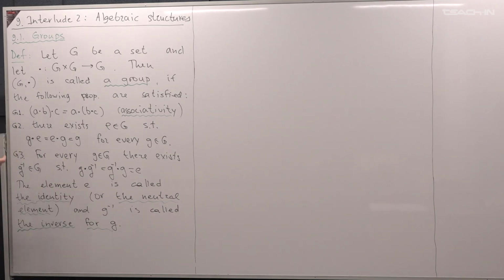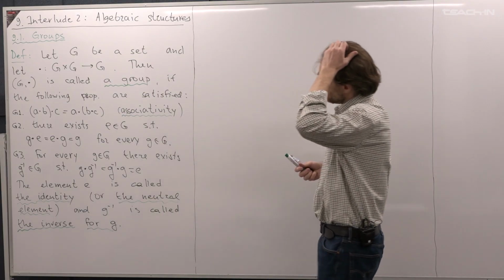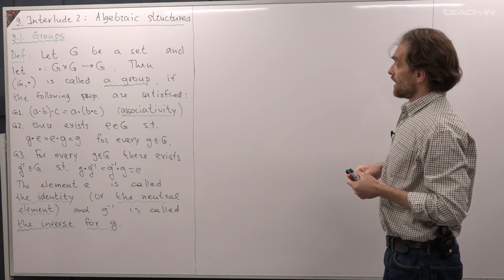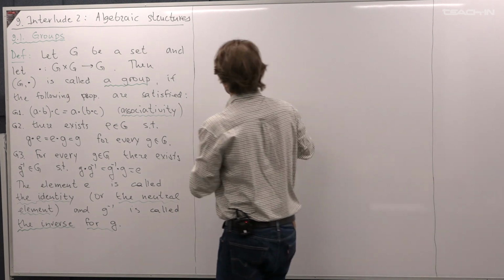As we will see, the identity element and the inverse for every element of a group are uniquely defined. So let us prove this.